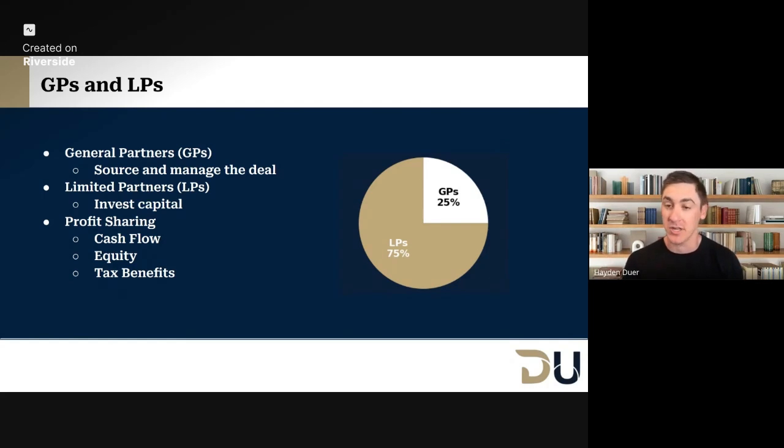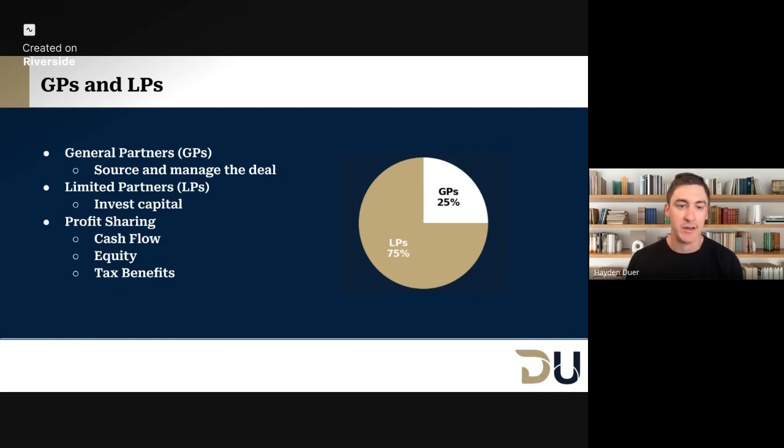The limited partners, on the other hand, are investing their capital. So they're strictly a passive investor in every sense of the word. They're reviewing reports and the updates on the property, making sure that their investment is in good hands. Other than that, they're not making any decisions on the property, but they share in a large portion of the equity.